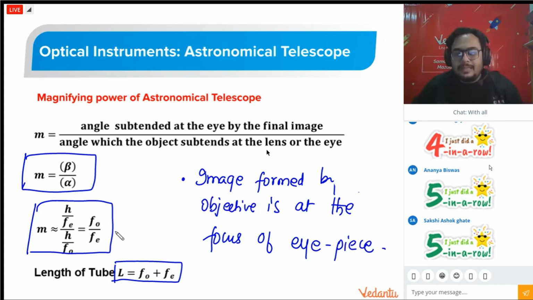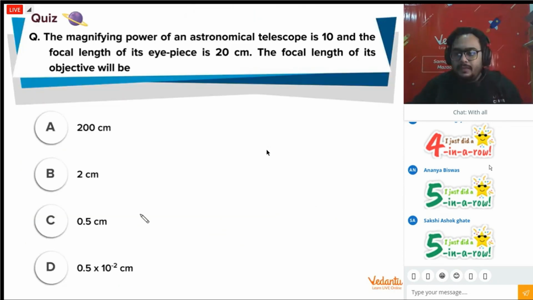Okay, and this is the formula that you use. Any doubts in this? Image is obviously inverted when it is formed, but because stars are ulta seedha, so we don't care. Okay. Quickly do a question on this, everyone.